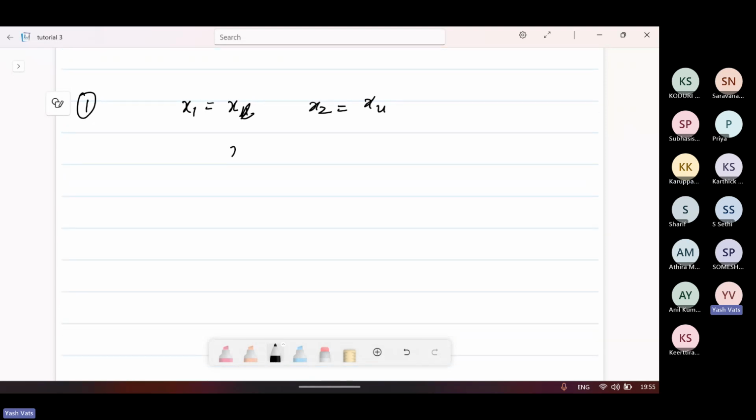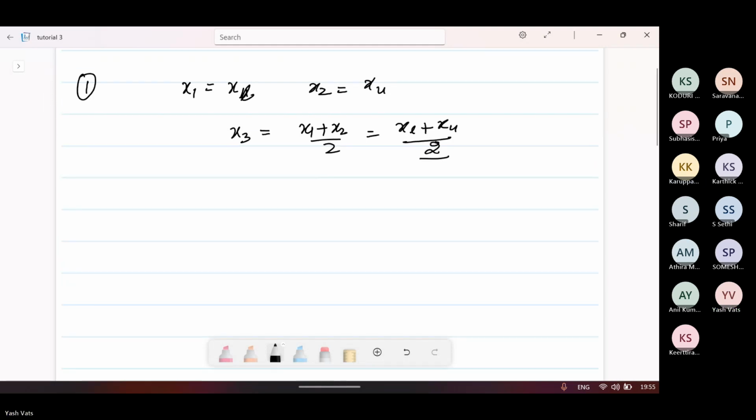What is the next one? x3 should be (x1 + x2)/2, which is (xl + xu)/2. So this is what the bisection method says, that after the first iteration, this should be the actual value of the root.